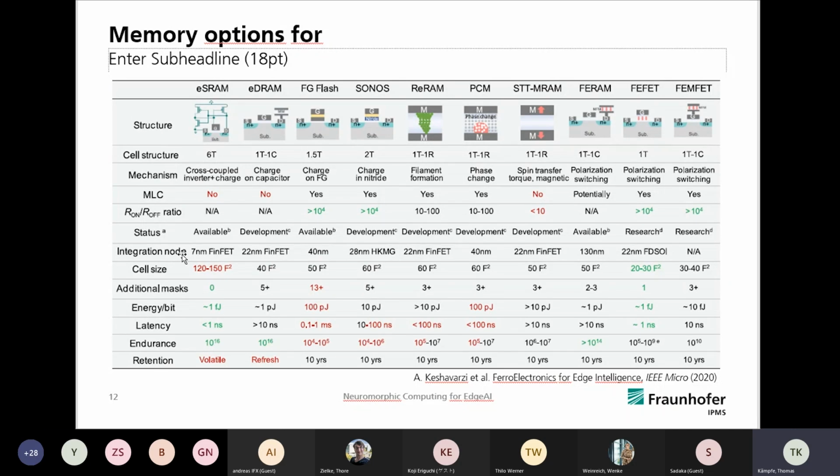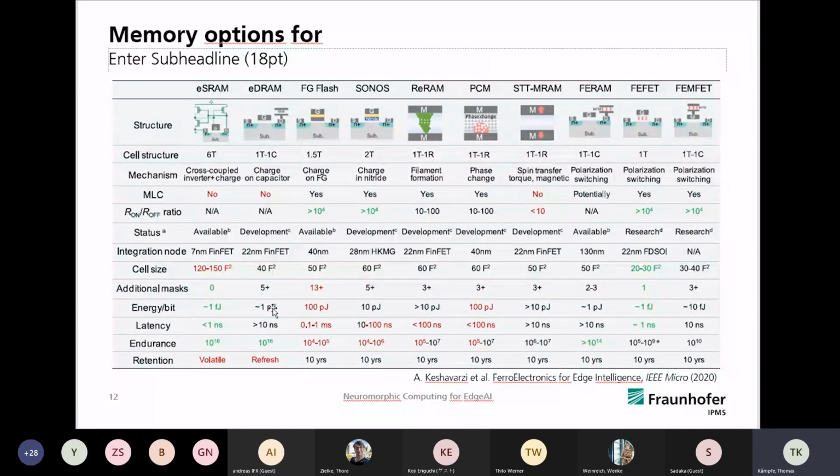As I said before, all networks which are currently developed are growing at a high speed, and if we want to limit this for edge implementations, we have to see that a high storage efficiency and a very high storage can be achieved. Furthermore, it's interesting what is the write time or write energy which we need.